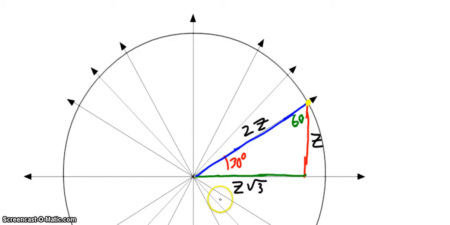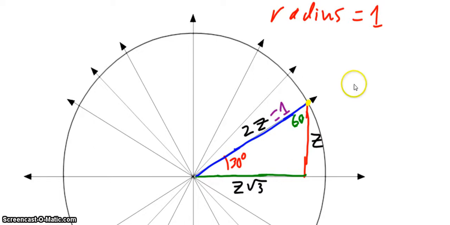So how does this help? Well, what do we know about the unit circle? What makes it called the unit circle? Remember, the radius equals 1. That means the hypotenuse here is 1. So if I know that 2z equals 1, then I know z equals 1/2.